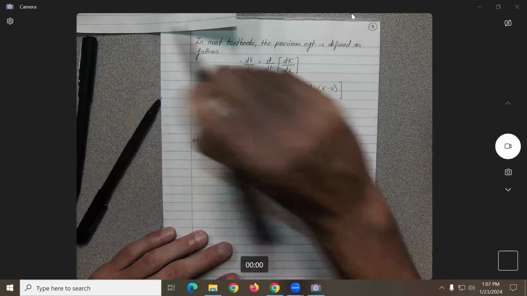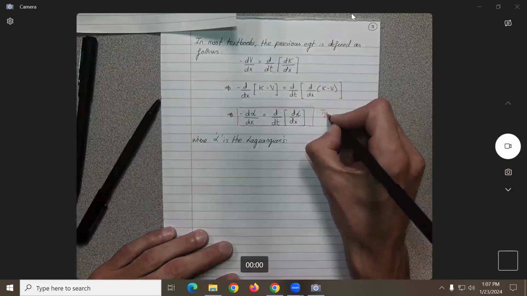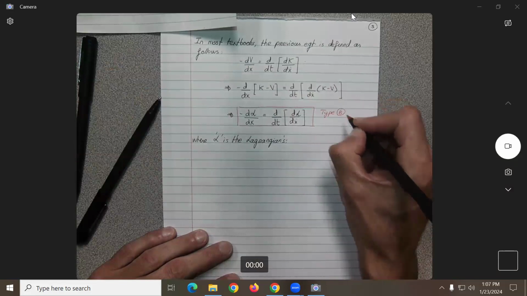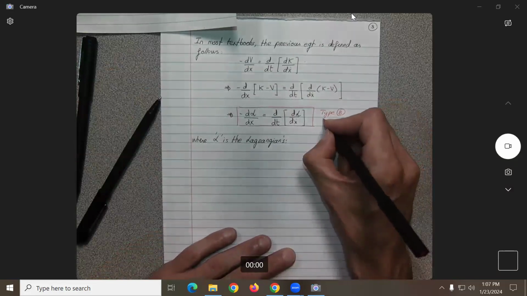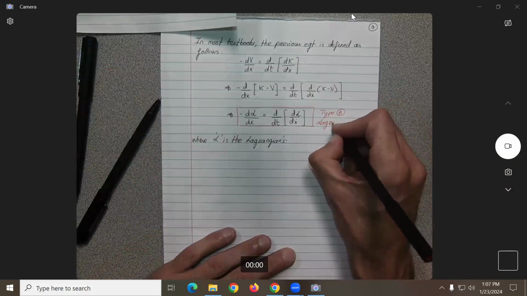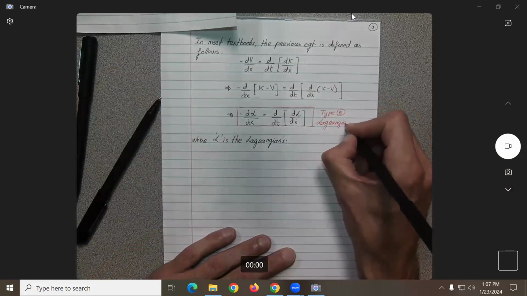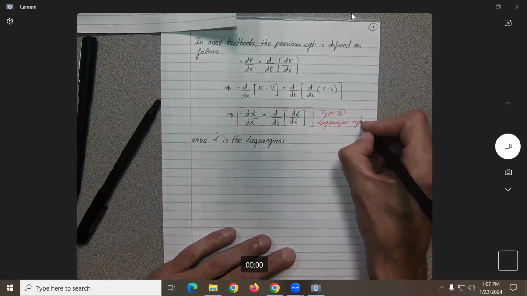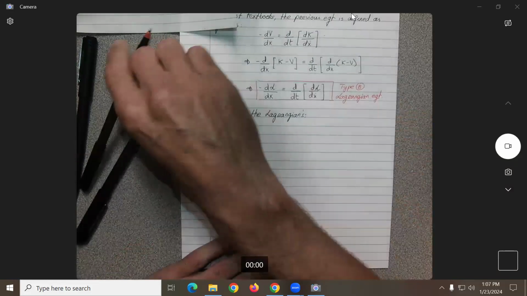Okay, so this is type B, and this equation is known as the Lagrangian equation.